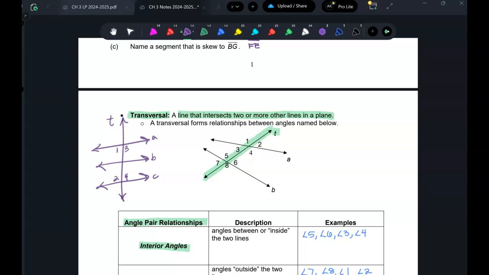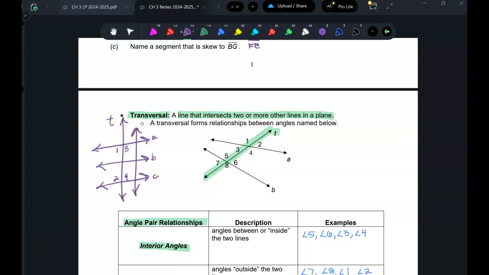So if it was a transversal and it was interior angles, how do you know if it's A, B, or B, C? Oh, you'll see. So basically what we're going to do for the homework is I'm going to say what kind of angles are 1 and 4, and then I would ask what the transversal would be, because sometimes we might have an extra line here. We might have multiple transversals. So you have to figure out, according to the pairs, what are the 2 lines and which one is the transversal that is creating that relationship.